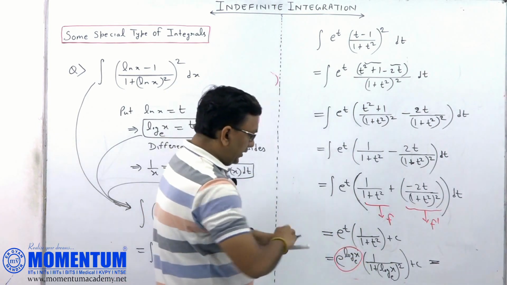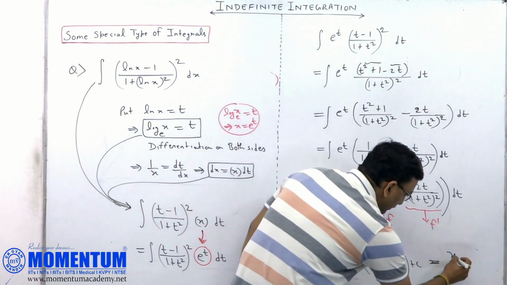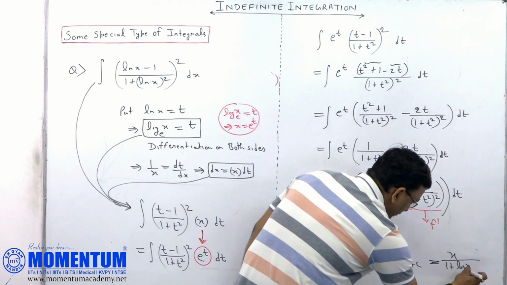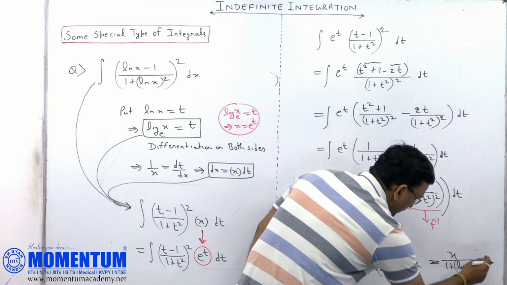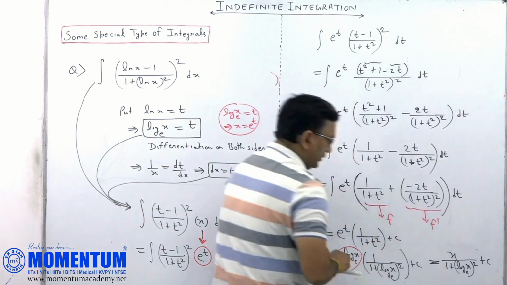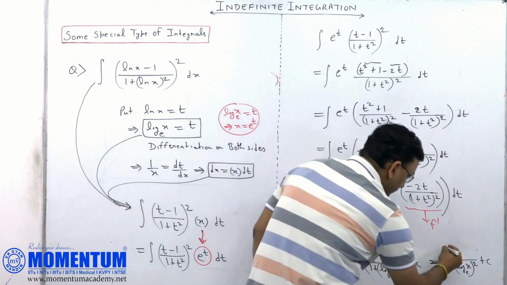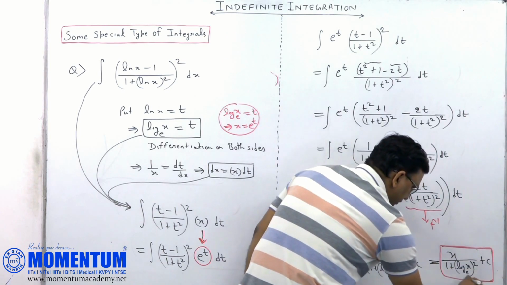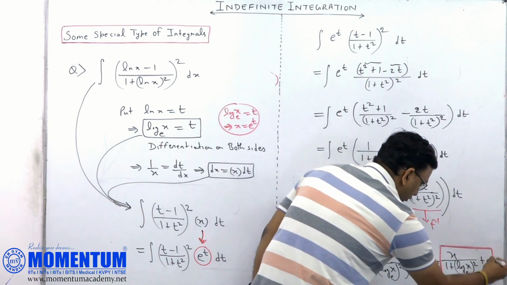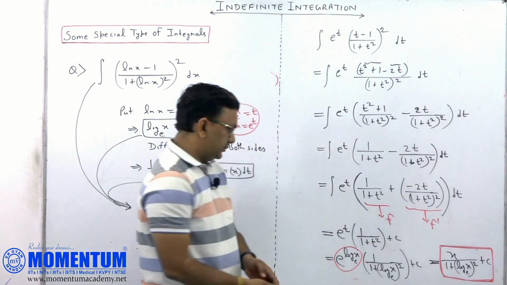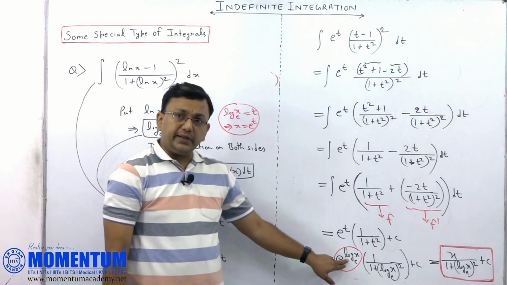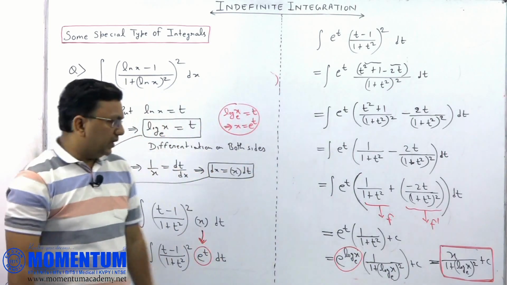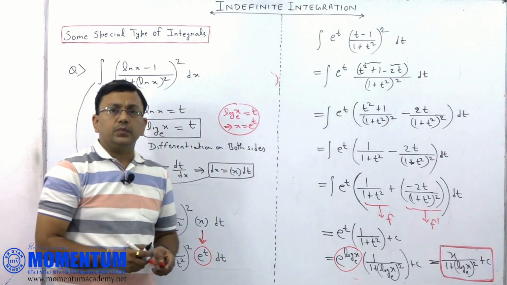So the final answer is x divided by 1 plus log x whole square plus c. This is our final answer, x upon 1 plus log of x whole square plus c. So e to the power log x is x. So our final answer, x upon 1 plus log of x whole square plus c.